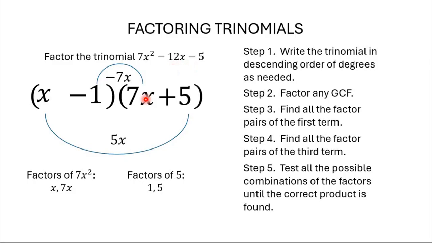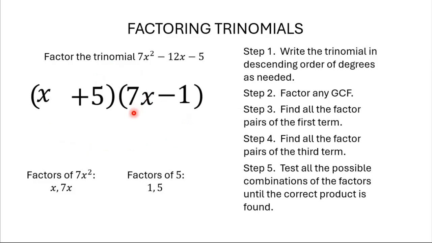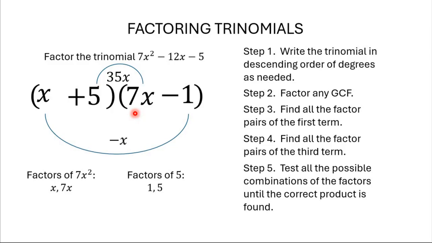So that doesn't work. All right, so maybe if I switch the order, if I put the 5 in the first parenthesis and the negative 1 in the second parenthesis, in that case, I'll get negative x for the outside product, positive 35x for the inside product, and when I combine those, I get 34x, not negative 12x.